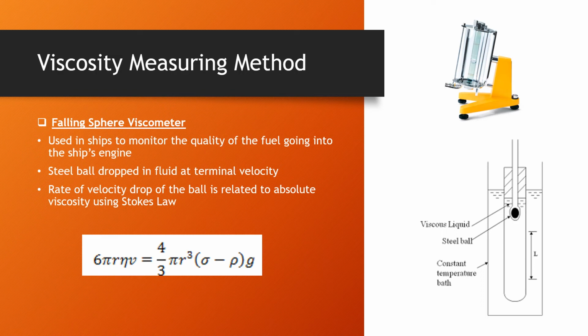The rate of the velocity drop is related to Stokes' law to find the viscosity in this case. You can see the equation where it says how the viscosity is measured. In this case, eta is termed as viscosity. This method is usually used in ships to find out the quality of fuel going to the ship's engine.